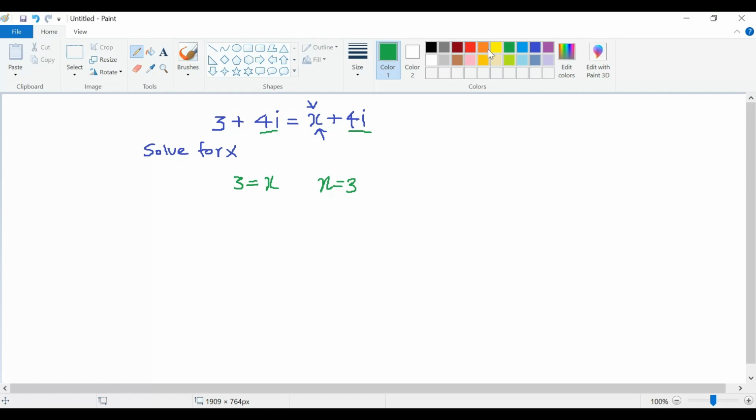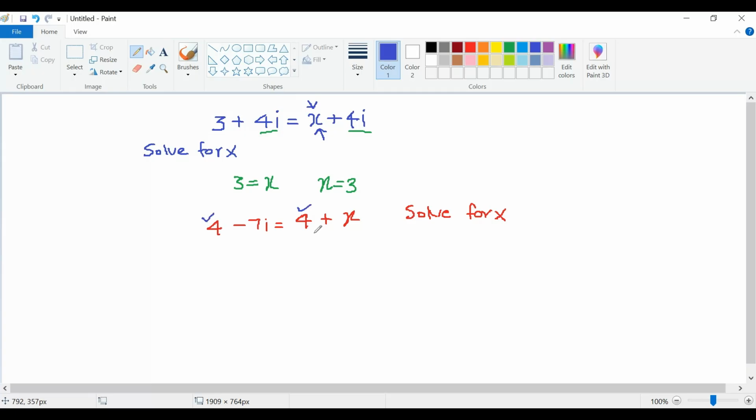Similarly, we can look at another example. Let's say we have a complex number 4 minus 7i, and I say it is equal to 4 plus xi, and we are asked to solve for x. In this case, the real parts are already equal.